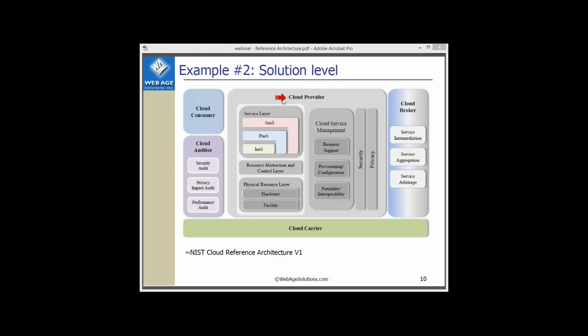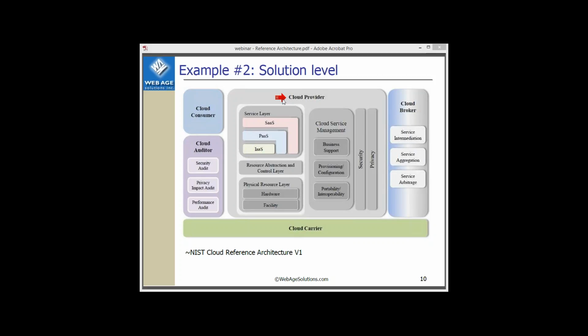The idea of this visual, like with all reference architectures, it's nice to have a set of diagrams, at least one, that give a high-level visual, at-a-glance orientation as to the types of architectural elements we're talking about, knowing that behind the scenes there's documentation that explains the details of what's behind each of these blocks and how they relate to each other and the types of services and standards and policies that go with those things, all aimed at giving you guidance or at least begging the question that you should answer for your organization as to which of those things you need and which of those things you don't need for the sake of complete analysis.